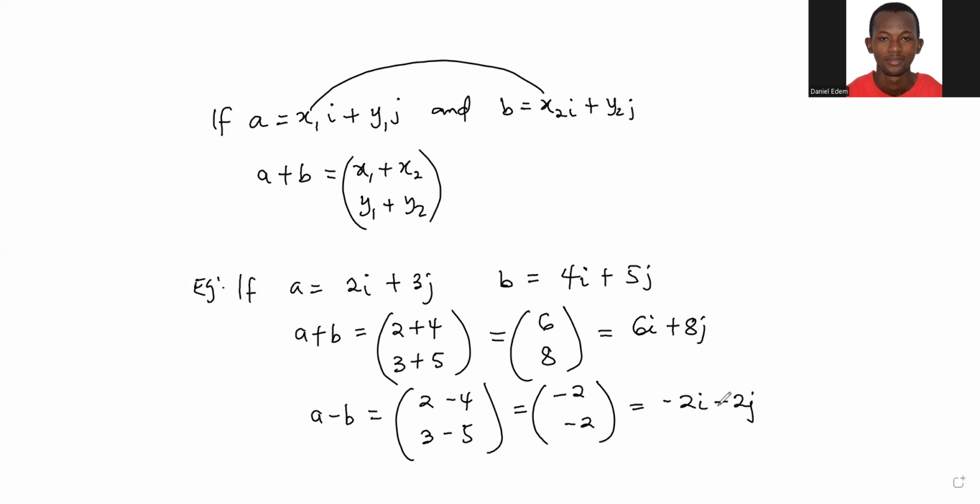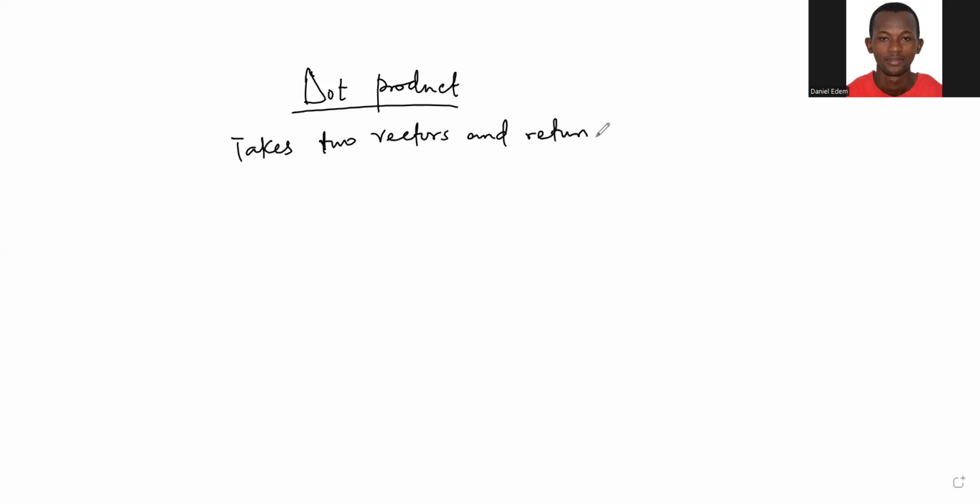Having said this, we now move on to dot product. So when we come to dot product, it simply means dot product is just an algebraic operation, okay?